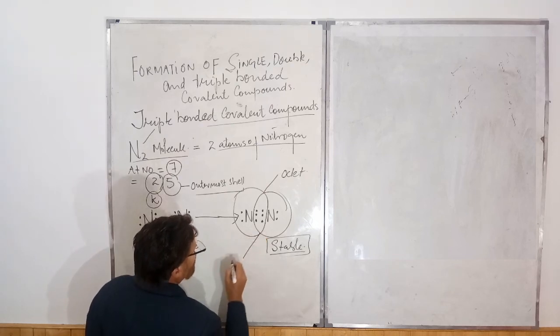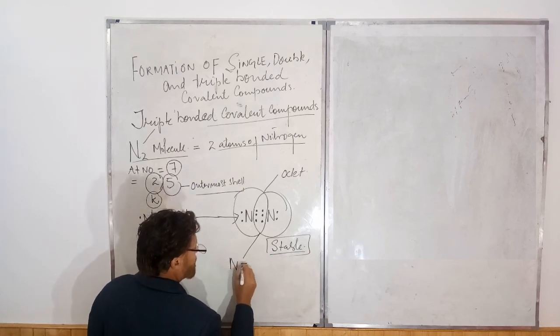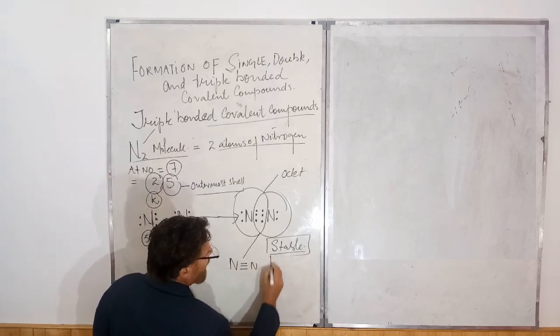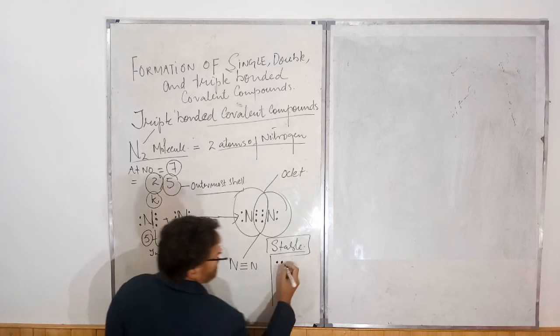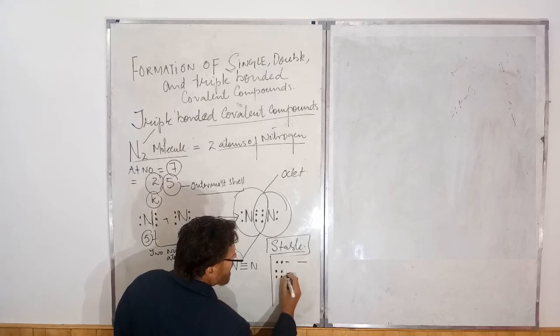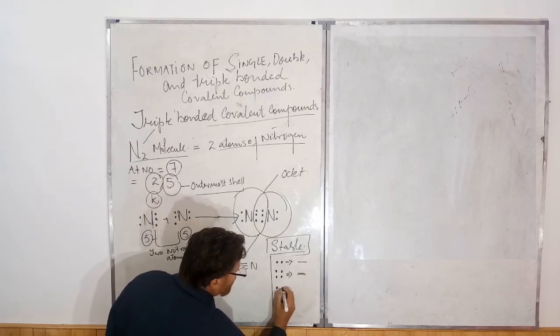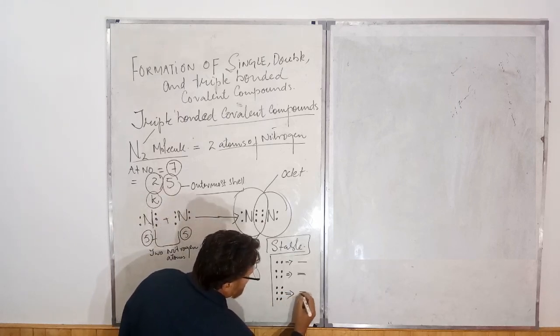Here you can write this nitrogen molecule as N triple bond N. Why? Because we know that 2 dots, one pair of electrons, means a single bond. 2 pairs of dots, that means 4 dots, means a double bond, while 3 pairs of dots, 1, 2, 3, 4, 5, 6, that means 6 dots, means a triple bond.